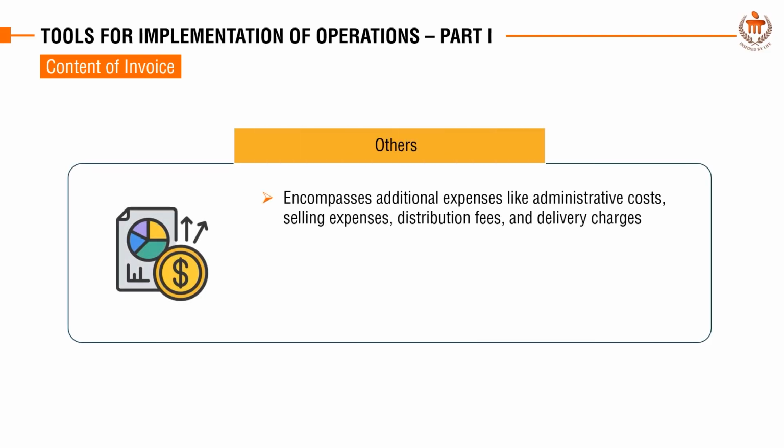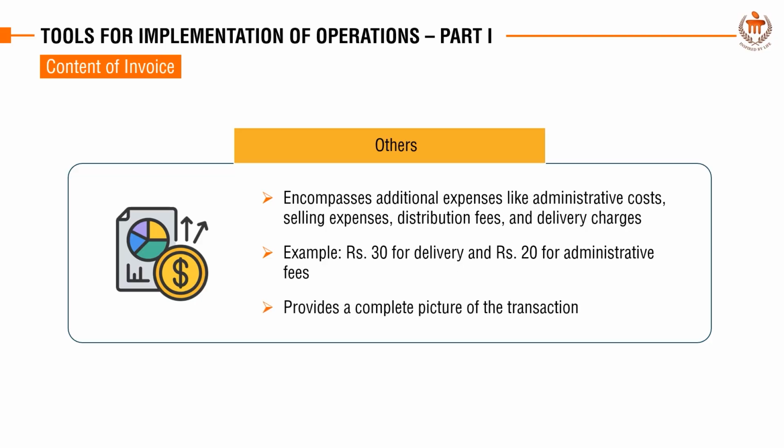This category encompasses additional expenses that may arise during the transaction, including administrative costs, selling expenses, distribution fees, and delivery charges. For example, if an invoice includes rupees 30 for delivery and rupees 20 for administrative fees, these additional costs will be clearly outlined to give a complete picture of the transaction.